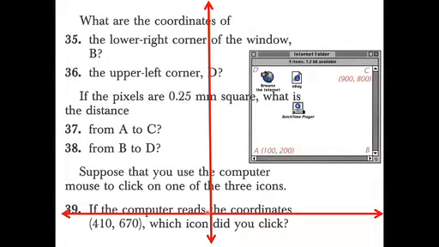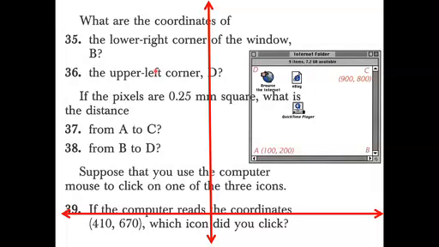I'm showing you approximately where the X-axis might be and the Y-axis. So down here is 0, 0. So they're saying point A right there would be 100 this way and 200 up that way. Whereas point C over here would be 900 on the X-axis and 800 up on the Y-axis.